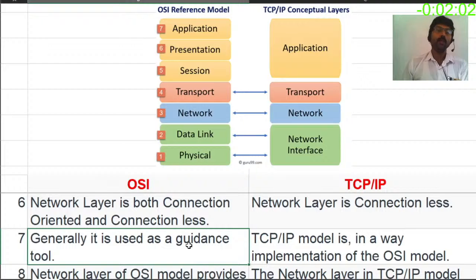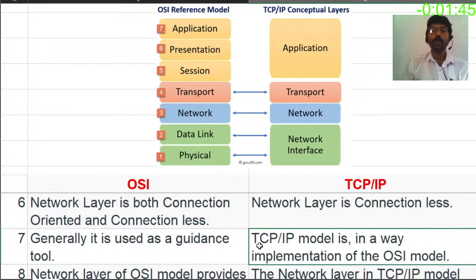Generally, the OSI model is used as a guideline to develop other models. In real practice, there is no implementation of the OSI model, but the TCP/IP model is actually an implementation of it. The TCP/IP model is used for the internet, but there is no real life application in which the OSI model is developed.